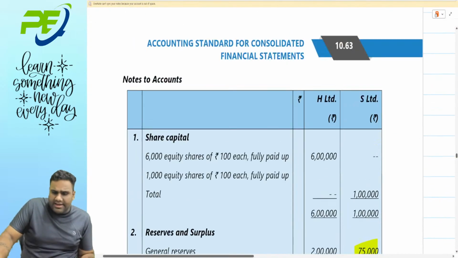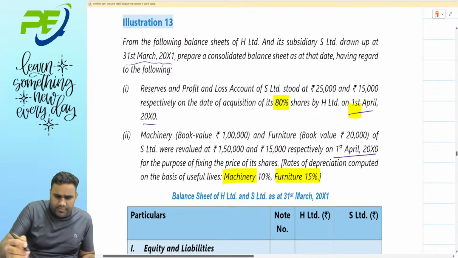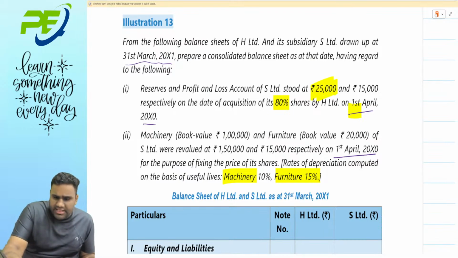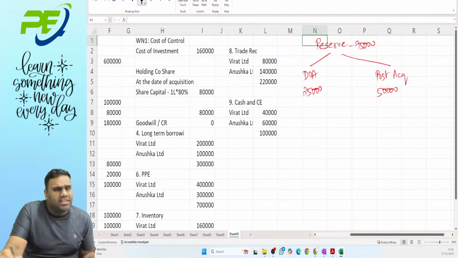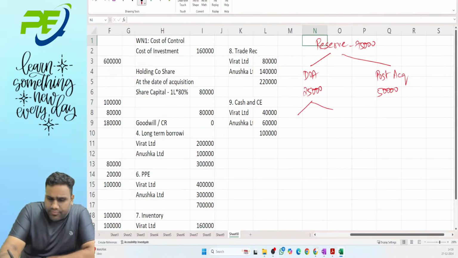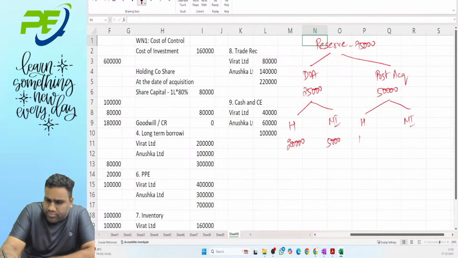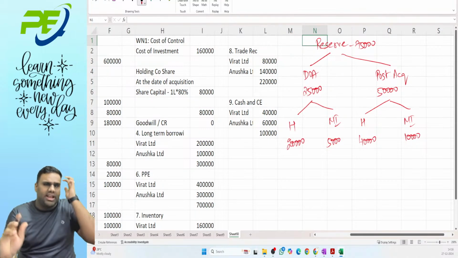When we acquired, it was 25,000 on the date of acquisition. And post acquisition, 50,000. Now in this, on the date of acquisition, H Limited and minority interest get 20,000 and 5,000. And post acquisition, H Limited and minority interest get 40,000 and 10,000.